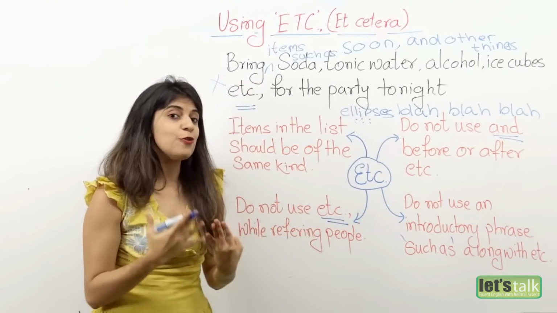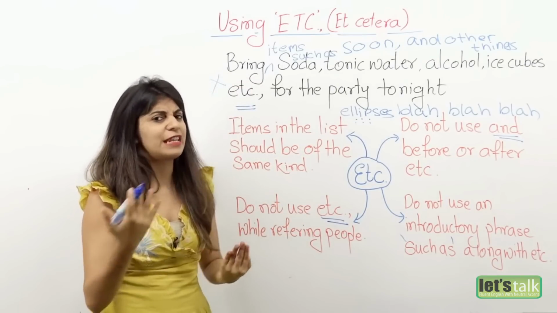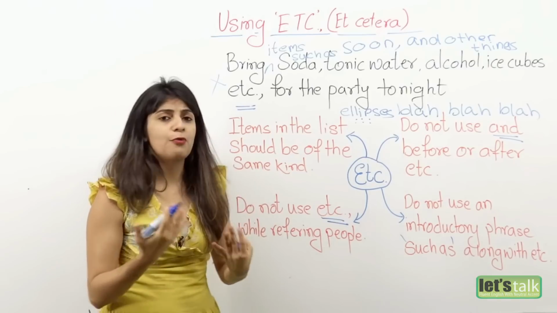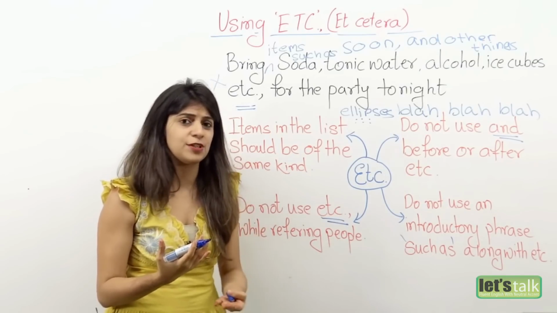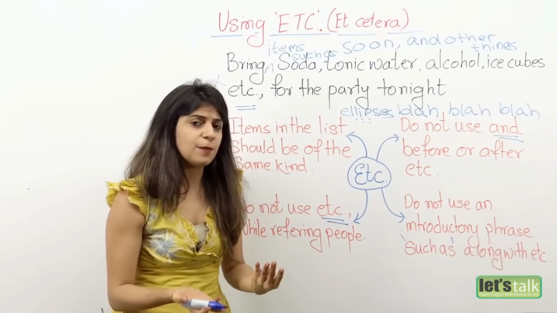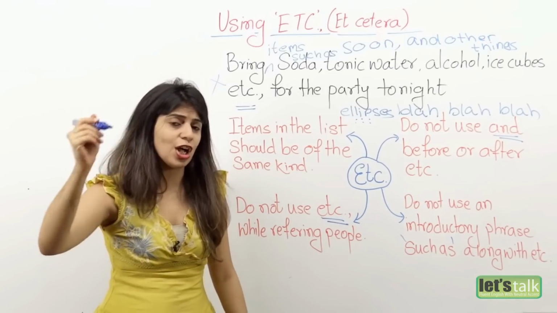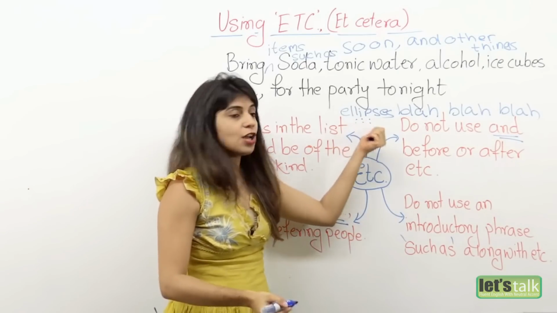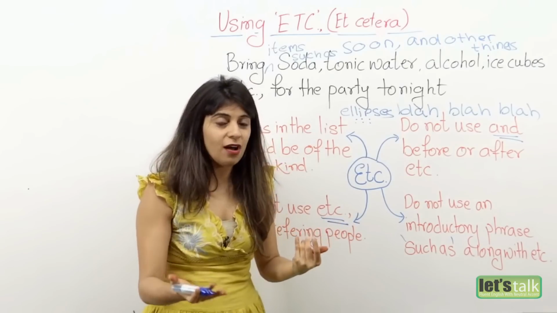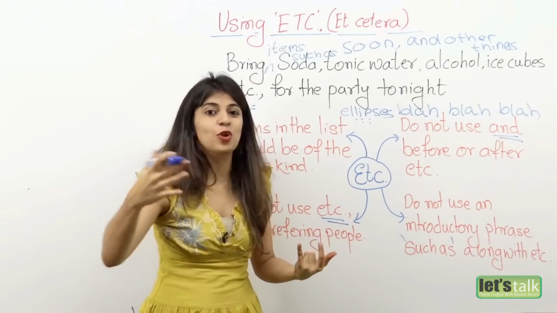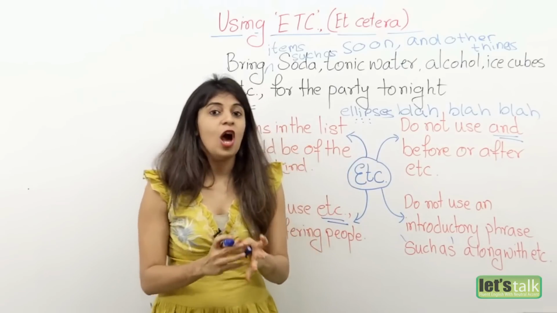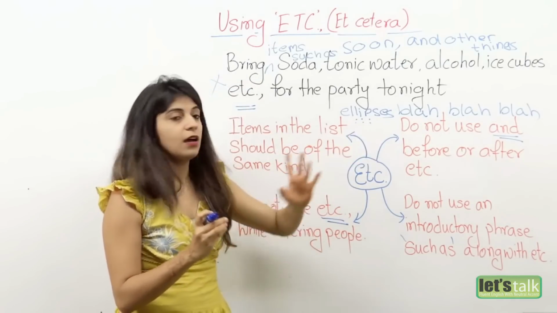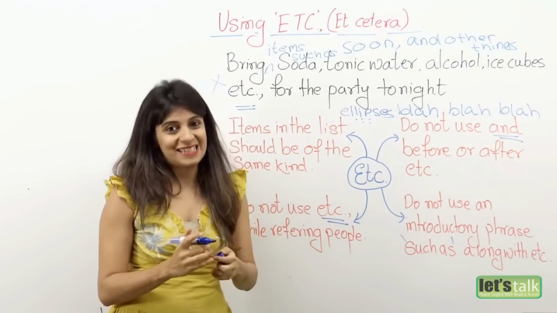Okay, so you might have come across certain emails or someone writing that, hey, could you file these papers for me, get it signed from the boss, and then dot, dot, dot. Well, the dot, dot, dot stands for etc. or it stands for and so on. Okay, so this is also another way of using or writing etc.